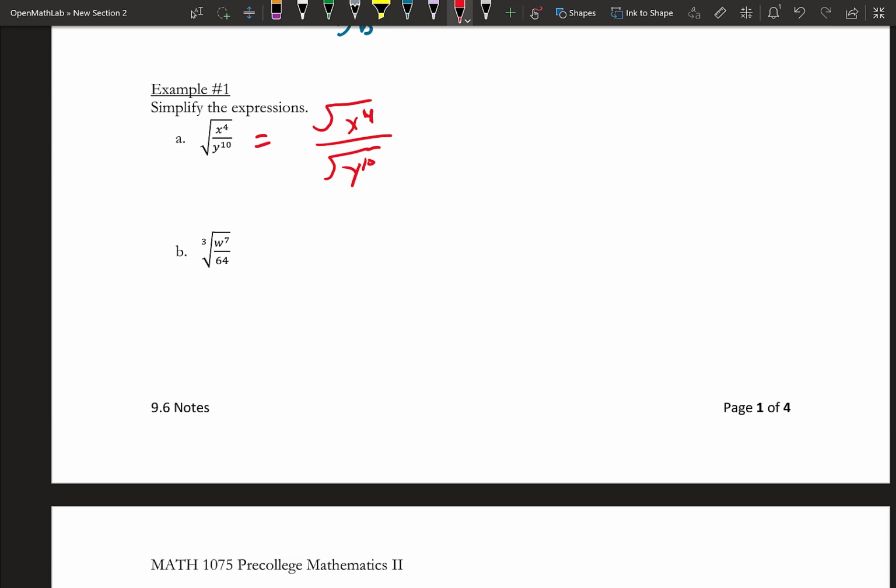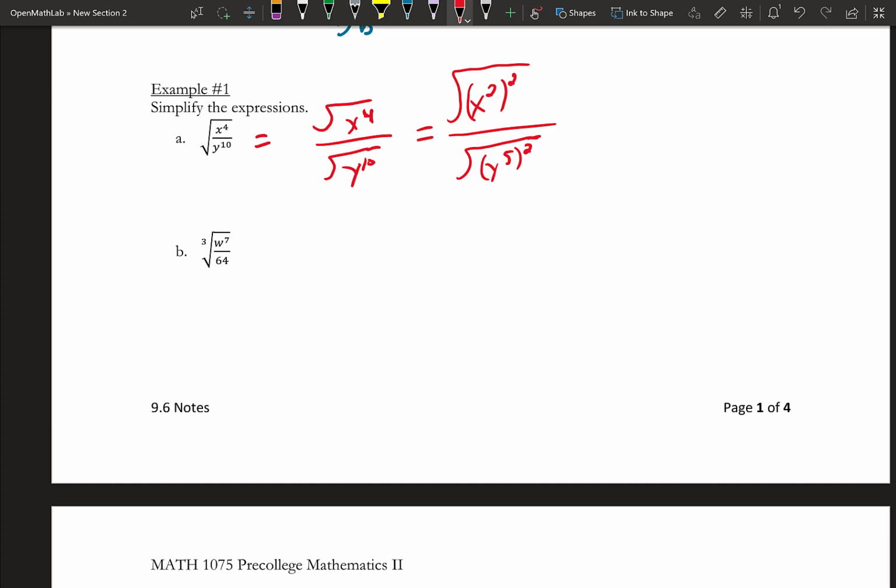Then I can think of x to the 4th as x squared, squared, because when we have a power raised to a power, we multiply the powers. Then this would be divided by the square root of y to the 5th quantity squared.